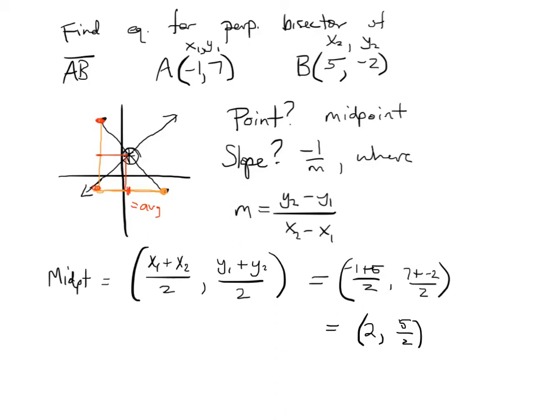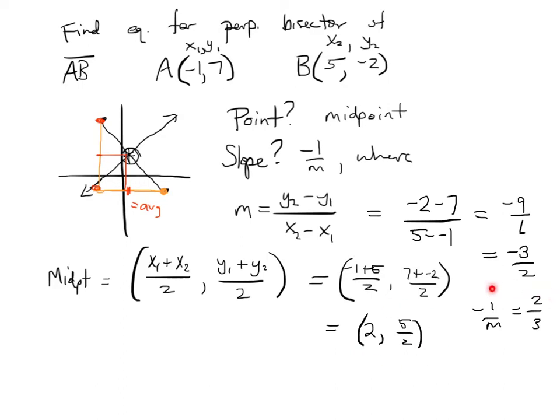And the slope is going to be negative 2 minus 7 over 5 minus negative 1, which is negative 9 over 6, negative 3 halves, which agrees with the picture we've drawn. It is a negative slope, and although I was sloppy in sketching it, it looks steeper than negative 1. So negative 1 over m is 2/3.